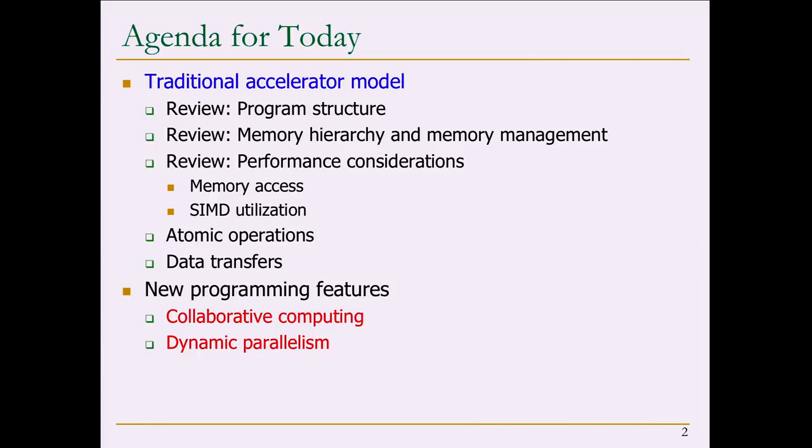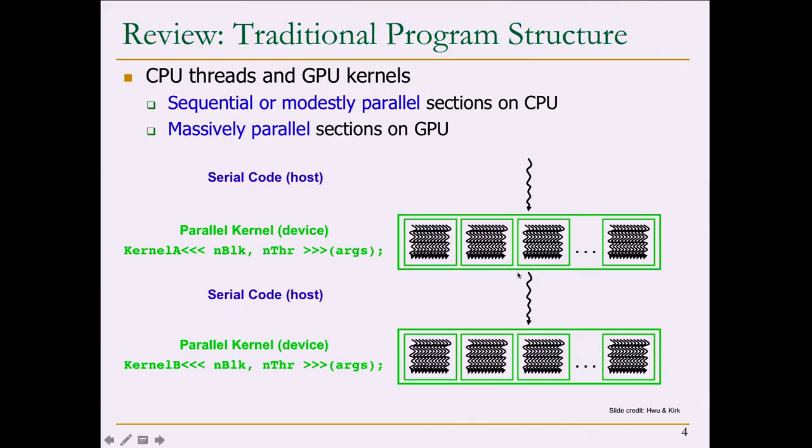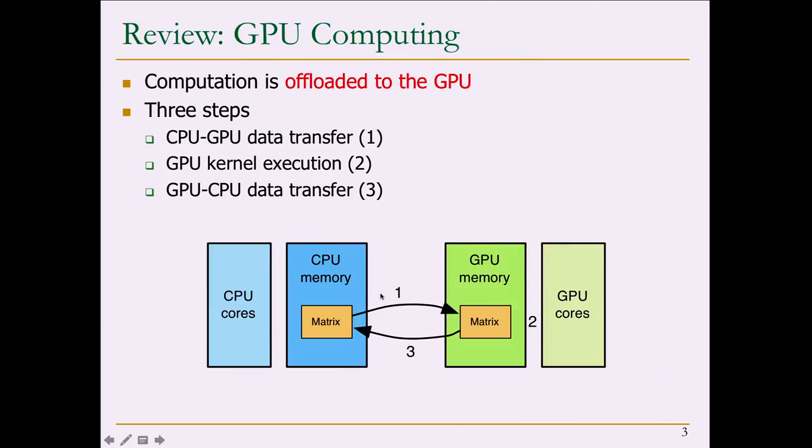So let's start going through the slides. Very briefly review what we saw the other day about GPU computing. Remember that the traditional accelerator model requires the CPU to transfer data to the GPU. That's this number one.